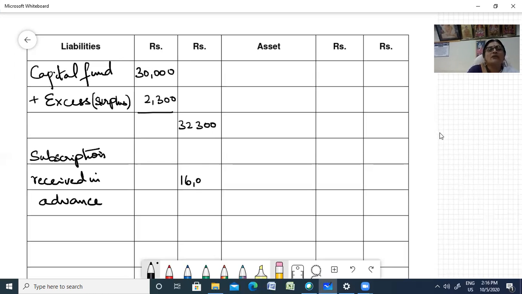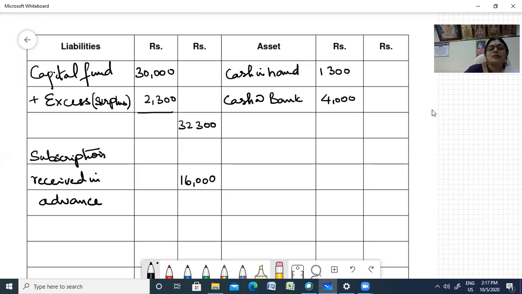Okay, now that we have done with our liability side, let us go to the asset side. The asset side, the closing balance of the cash and cash in bank, cash at bank and cash in hand. So cash in hand, cash at bank. So 1,300, 4,000.